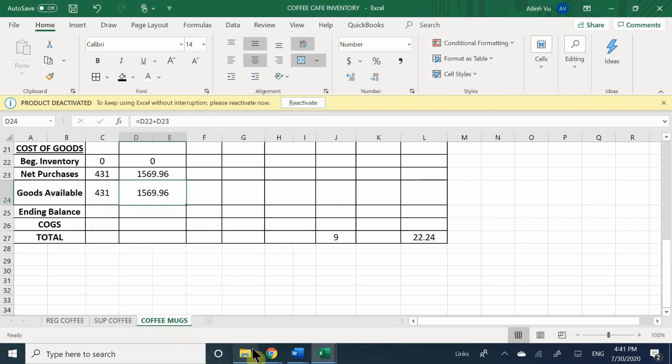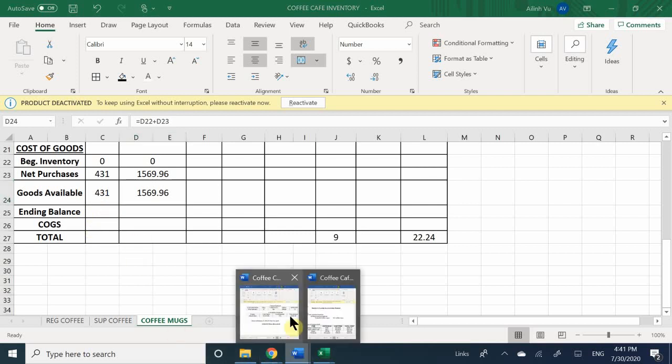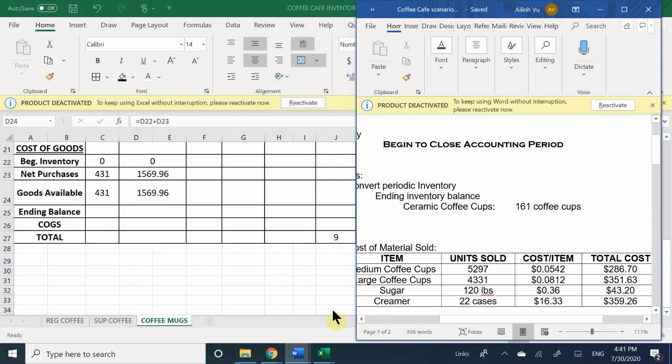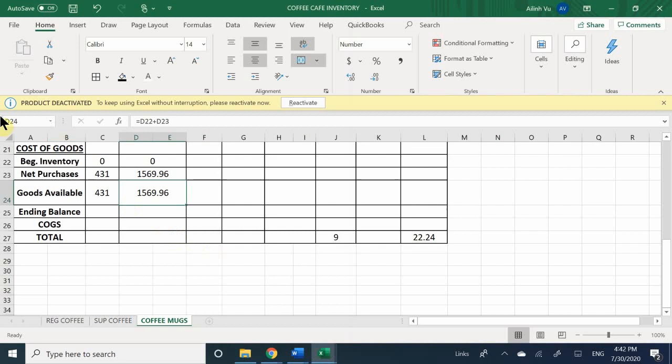If we know from the scenario that we have a total of 161 cups remaining in inventory, then our ending balance is 161, right?